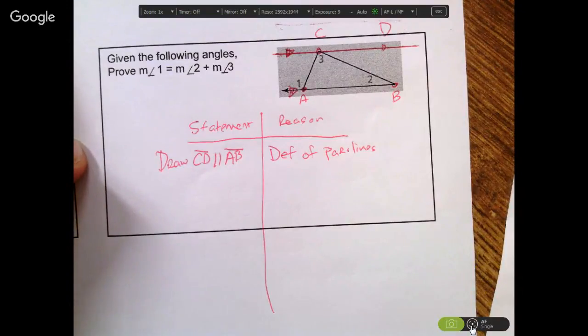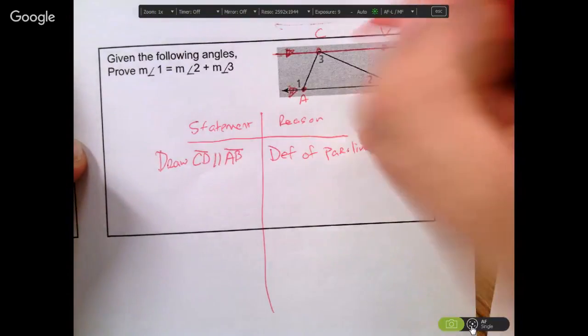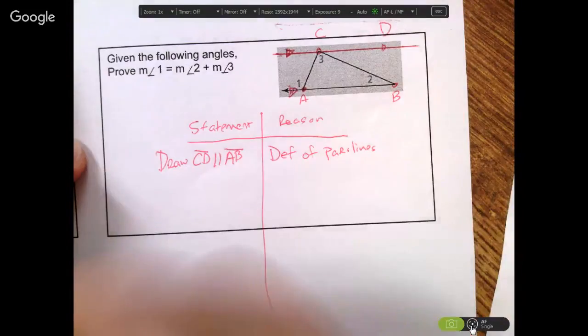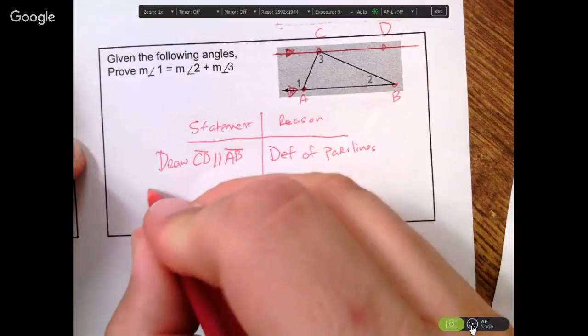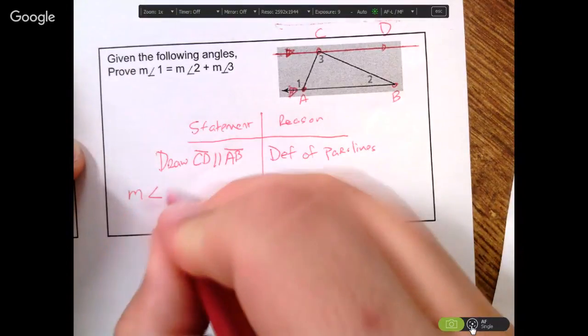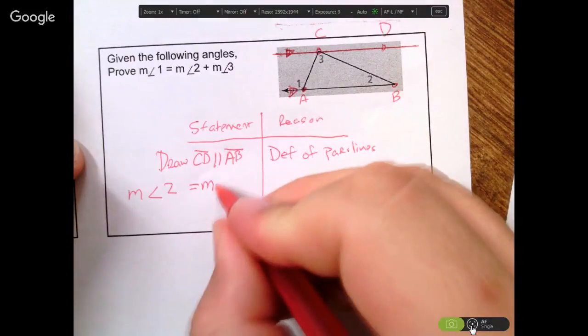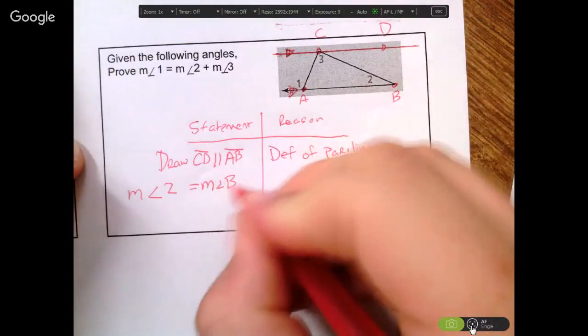Then if that's parallel, I'm going to go ahead and say that the measure of angle 2 is equal to the measure of angle BCD.